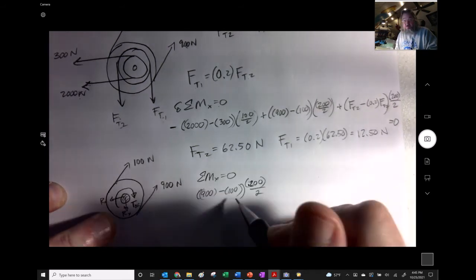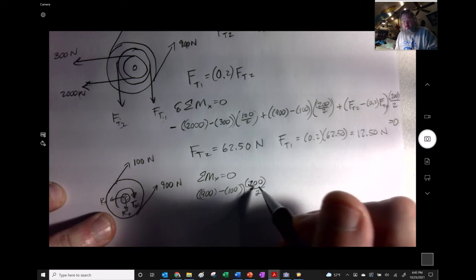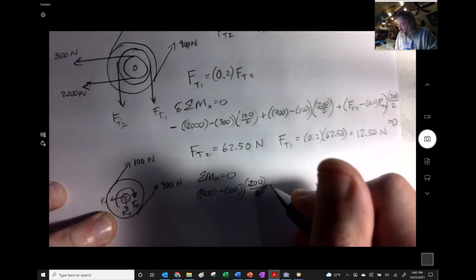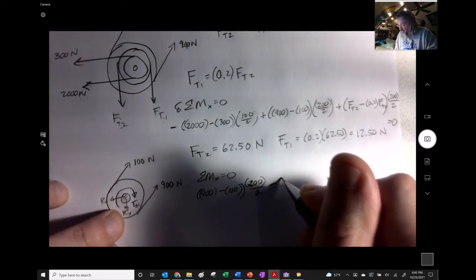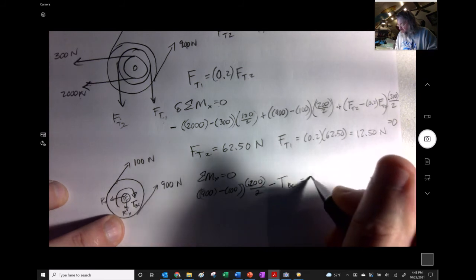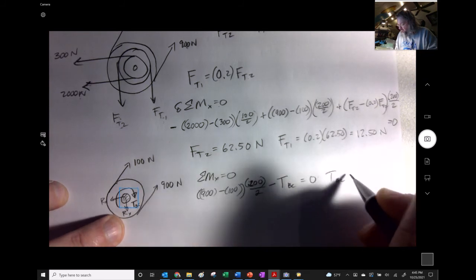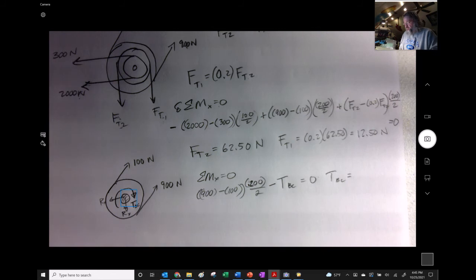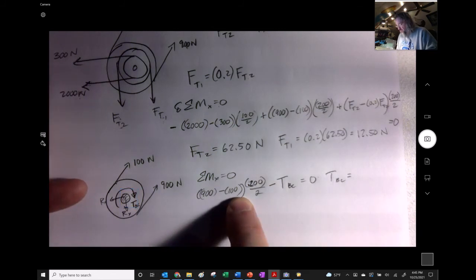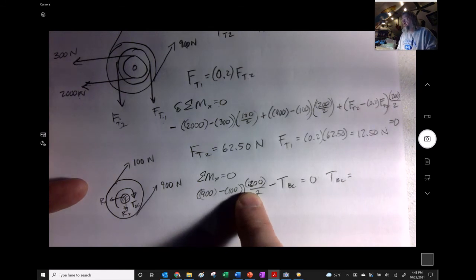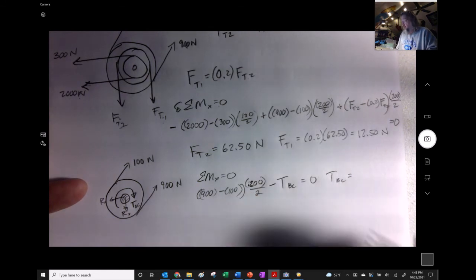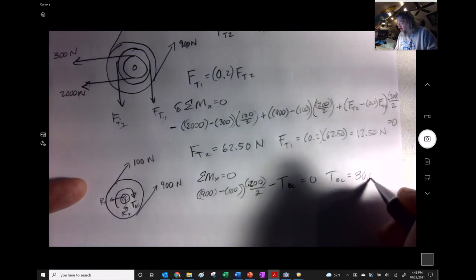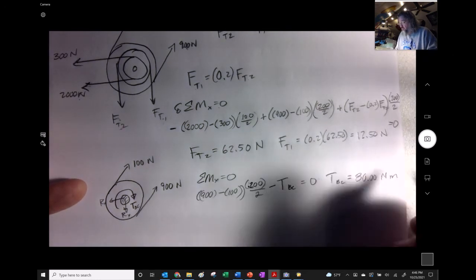These are newtons and this is millimeters, so I turn it into 0.2. And then that's minus my TBC equals 0. So TBC should be equal to 800 times 0.1, or 80. So that would be 80 Newton meters, maybe.